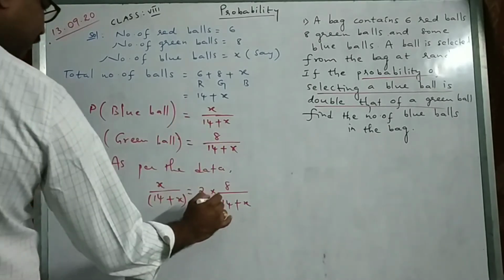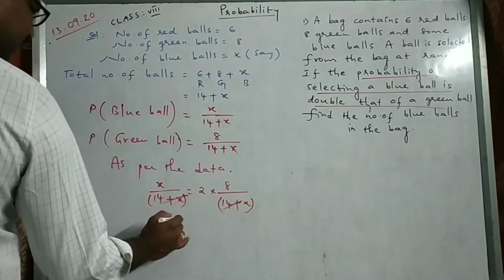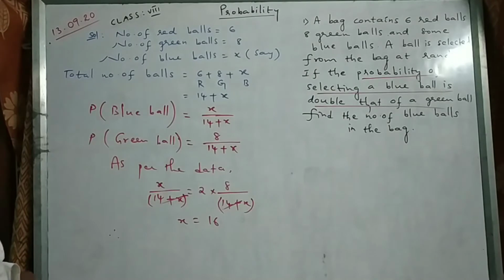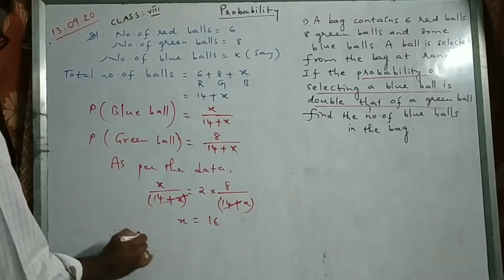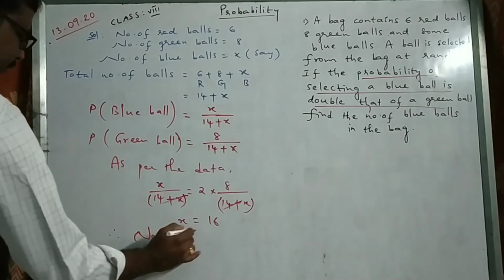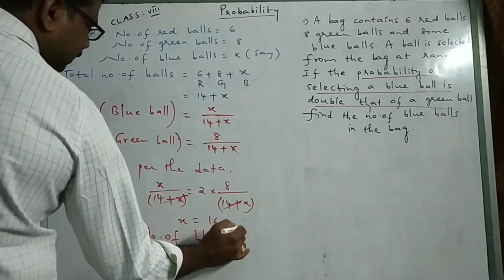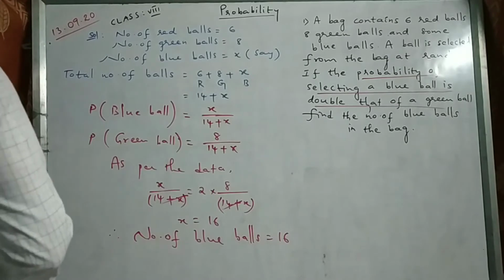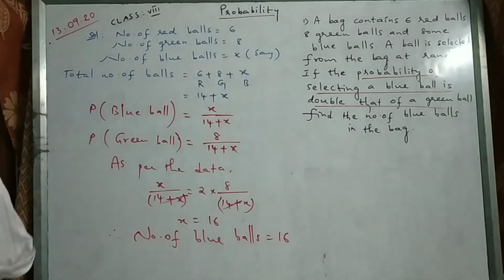So 14 plus X we can cancel. So X equal to 8 2s are 16. What is X here as per my assumption? Number of blue balls. Therefore, number of blue balls equal to 16. Okay.